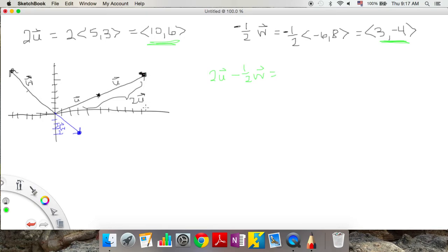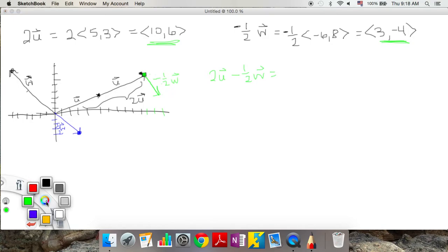So we have to start here, and then we need to go left 3 and down 4. So we go 1, 2, 3, and we go down here. So we moved this one. See how they're parallel? They should be parallel. We just slid it right down that vector so that we could line it up properly.